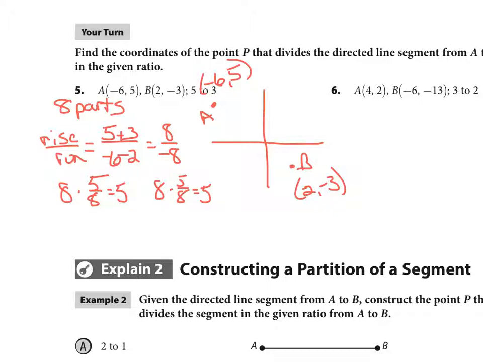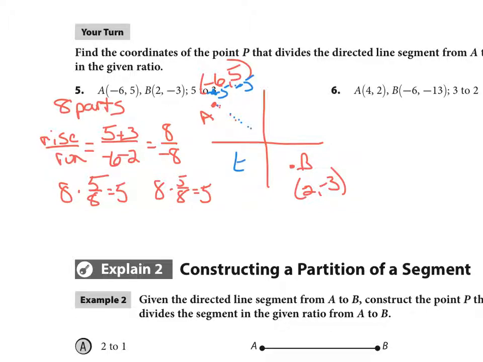Now, if I'm moving towards B, I want P to be on that line, so I have to add 5 to the x. So I'm going to get an x of negative 1. But I have to subtract 5 from the y.